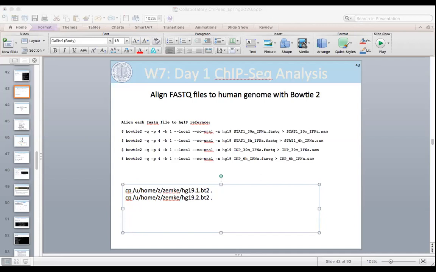How many people are also getting that error when downloading the hg19.zip folder? Okay.